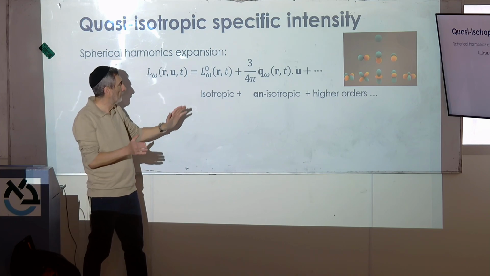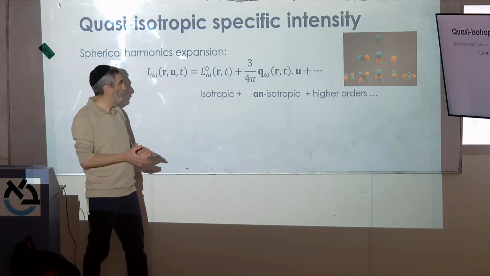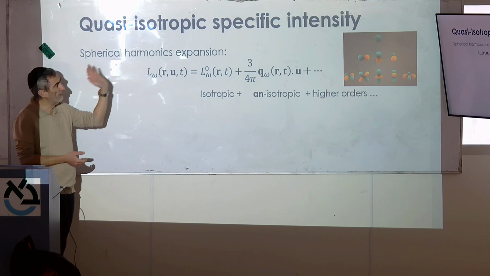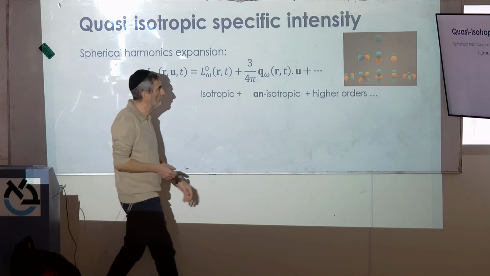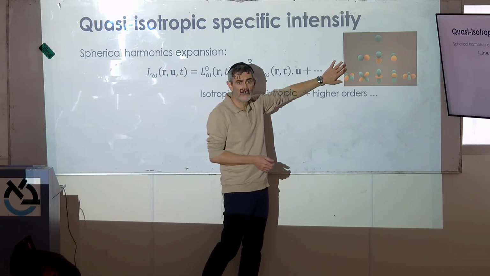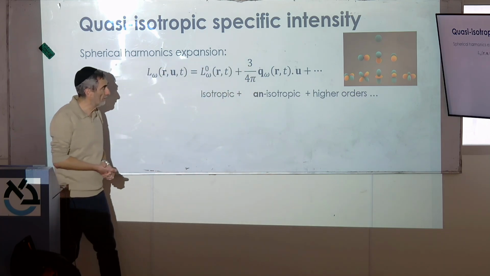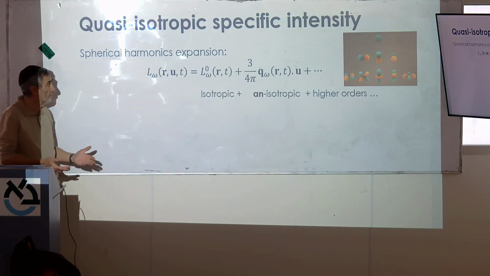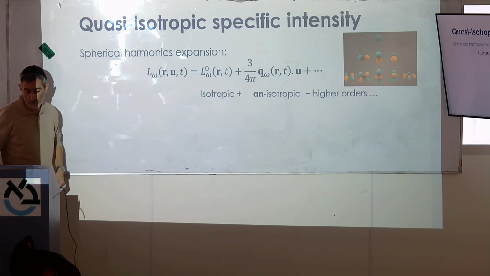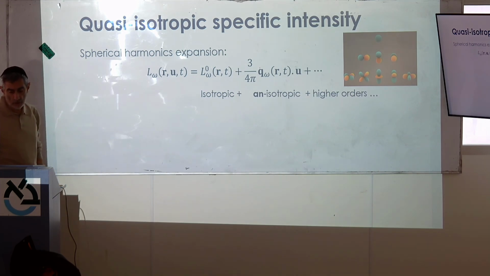That's really the zero order of it. Then you have other orders. If you are familiar with spherical harmonics expansion, that's typically the basis. It's a basis over which you can decompose any function on the sphere.